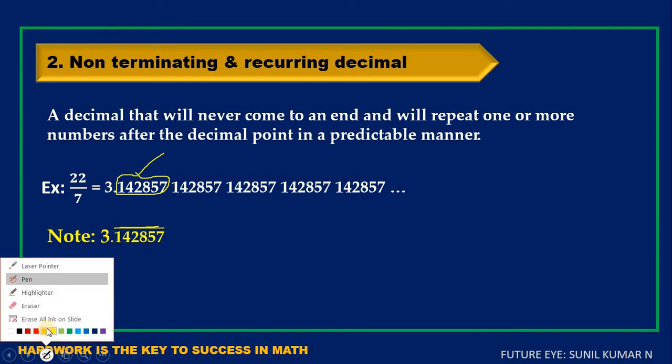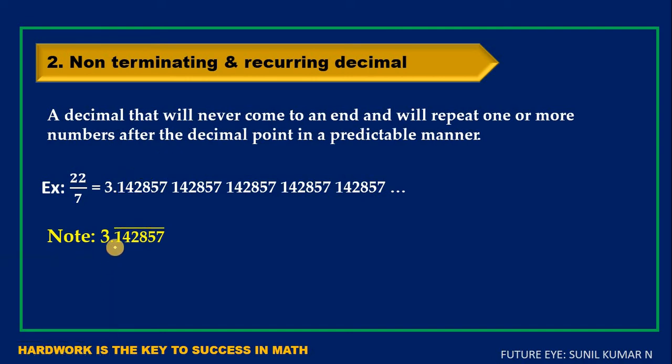I will show how to read this number, children. 3.142857 bar. If there is a bar, you have to understand this number repeats an infinite number of times, and this decimal is an example of non-terminating and recurring decimal.